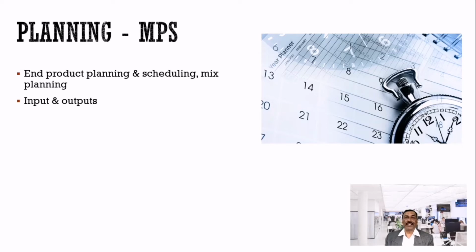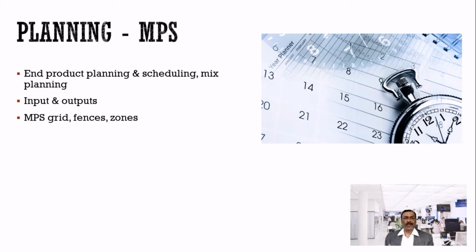There we have finalized the quantity to be produced, and by using this MPS process, we are trying to give an output to the next process, which is called MRP, material requirement planning. So we need to decide at this stage what is the breakup, and when, how much, and in what period these are required. That's the process done.